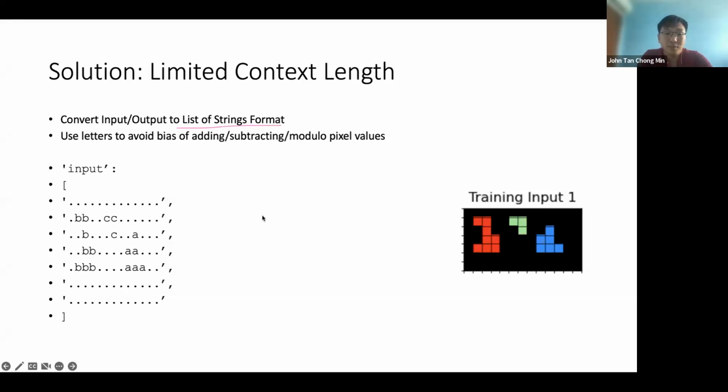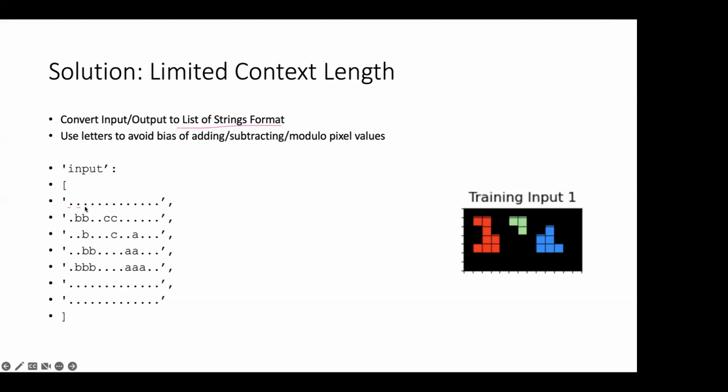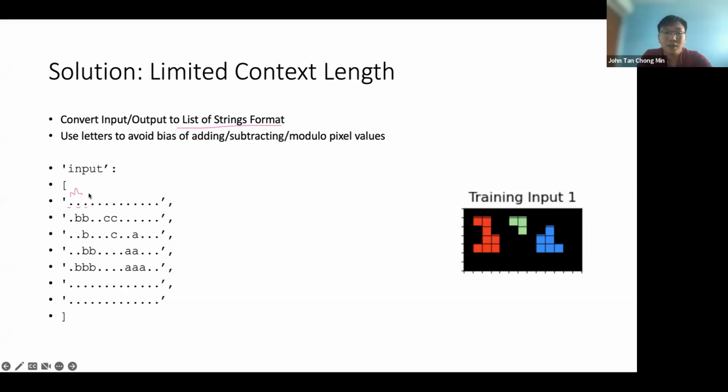This is actually not the best approach, because if you know how tokenizers work, sometimes they may not tokenize this as separate. Correct, it might be chunked together. But I realized that for most cases this still works pretty well. Of course, if you separate the pixels, it might actually work better.